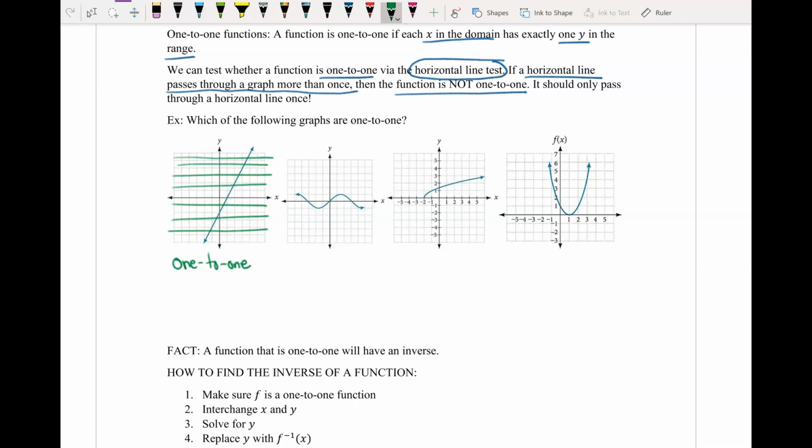What about this guy? This looks like a sine graph. You can see clearly that if I draw one horizontal line, you have multiple values. So this one is not one-to-one. You can only have one unique y.